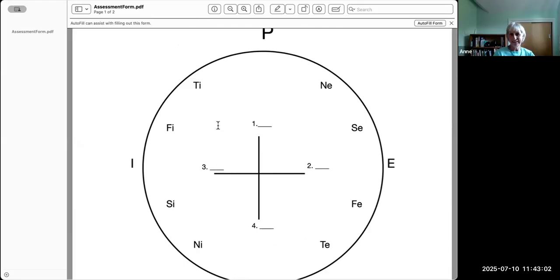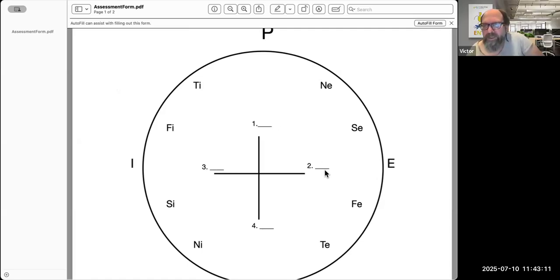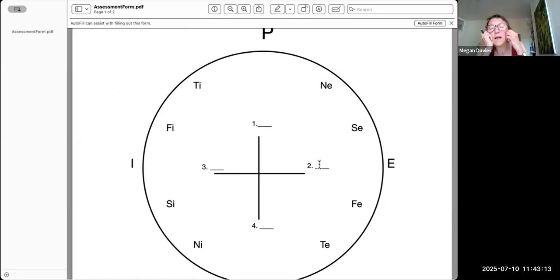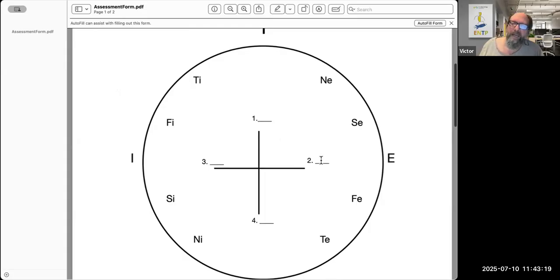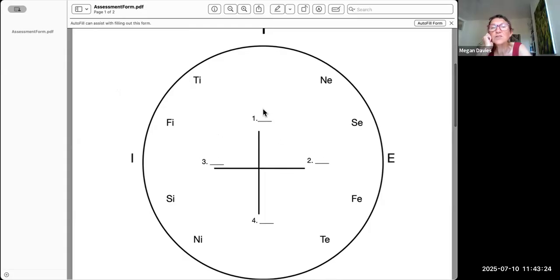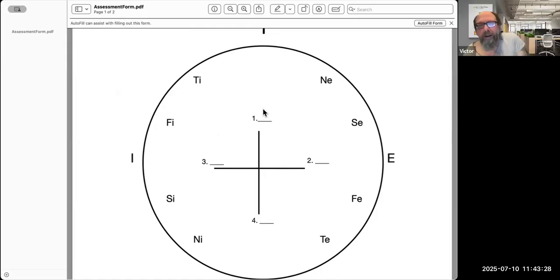Why does the second function have to be opposite to the first? I can see why the fourth is, but why does the second function be opposite in sign? In extroversion or introversion? The second and third, you mean? No, I mean, if the first is extrovert, why is number 2 introvert? Remember, the concept is about balancing.